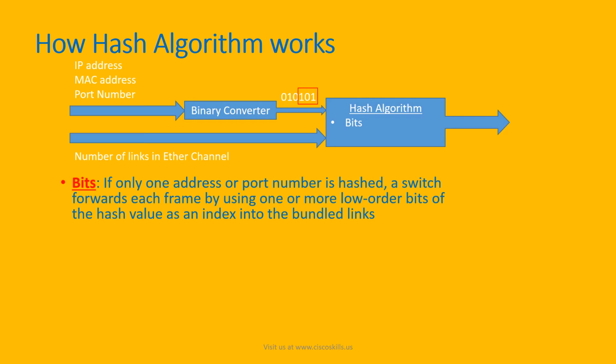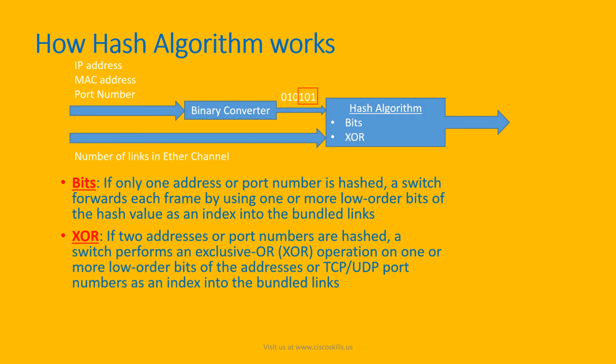Or we can use the XOR operation. The XOR operation is used if 2 addresses or port numbers are hashed. The switch performs an exclusive OR, or XOR, operation on one or more lower order bits of the addresses or TCP/UDP port numbers as an index into the bundle links.